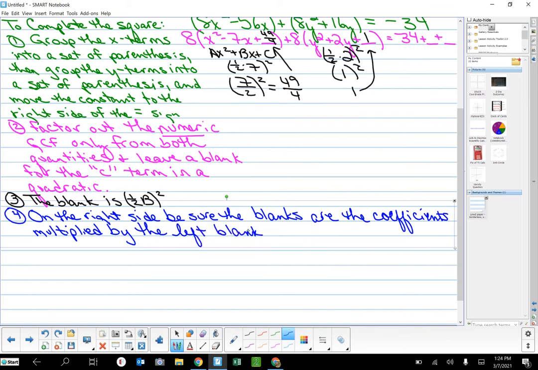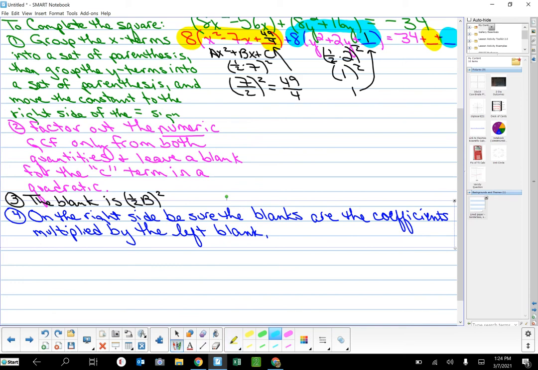And I'll highlight that so you can see what I mean. So in the X quantity, this number, the 8, is going to get multiplied by this 49/4, and that's what's going to go in this blank here. And in the Y quantity, this 8 is getting multiplied by this 1, and that's what's going to go in this blank here.